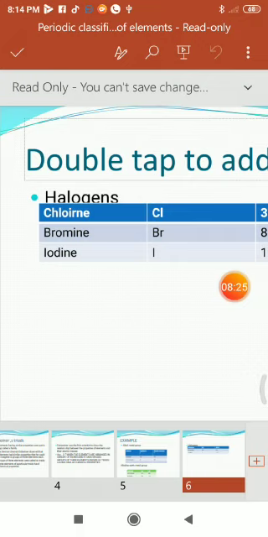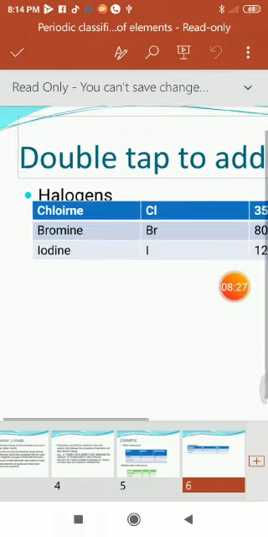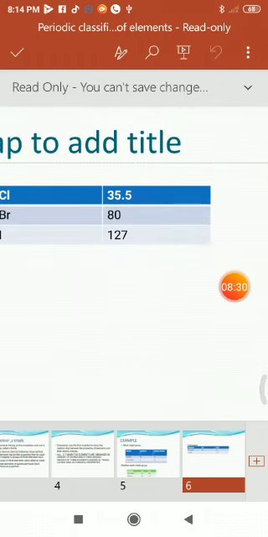When we add 35.5, which is the atomic mass of chlorine, and 127 for iodine, and divide by 2, we get 81.2. The actual atomic mass of the middle element of the triad, bromine, is 80. This atomic mass of bromine is approximately equal to the arithmetic mean of the atomic masses of the first and third elements, chlorine and iodine.